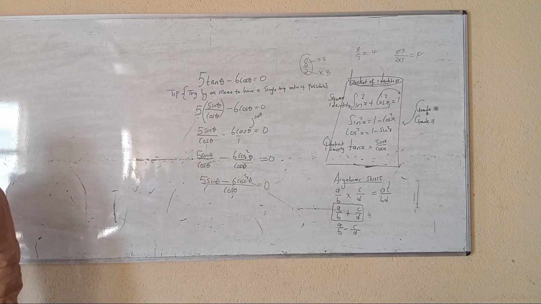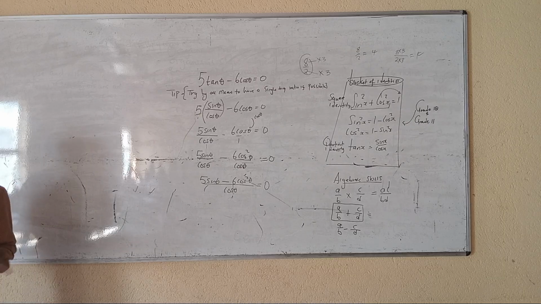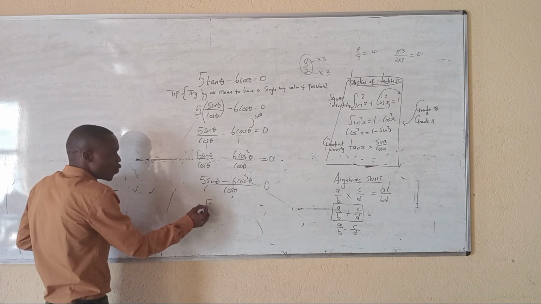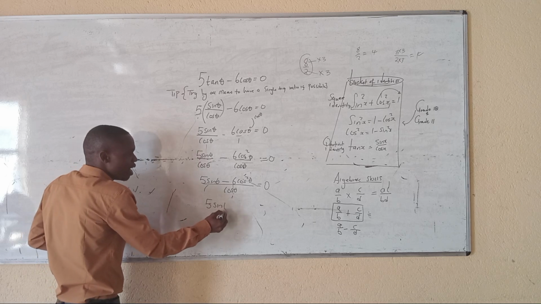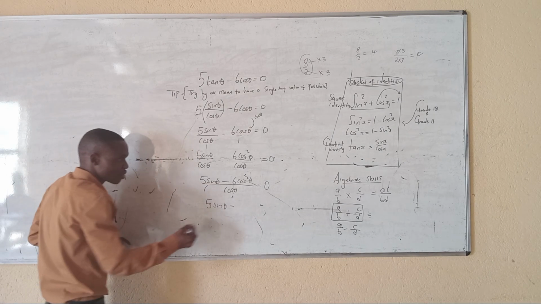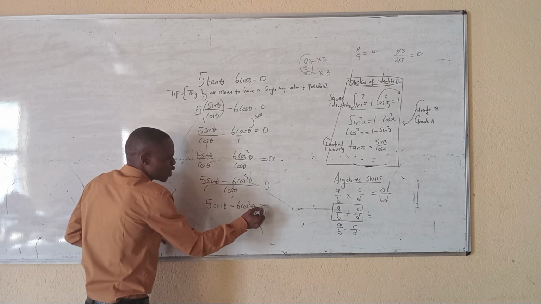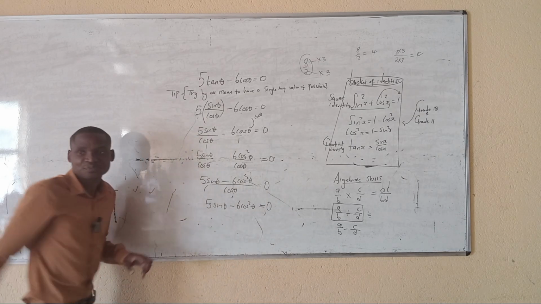Now you can do cross multiplication again. You're going to end up with 5 sine theta minus 6 cos squared theta equals 0.